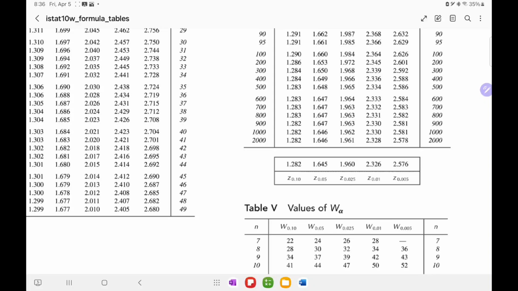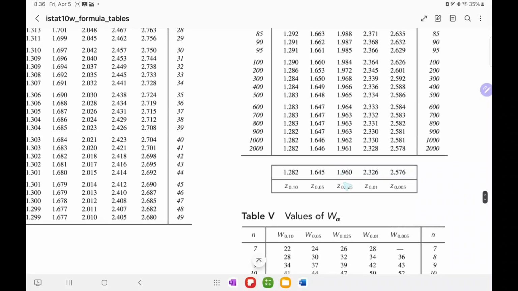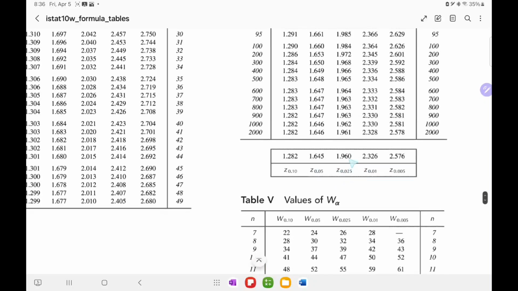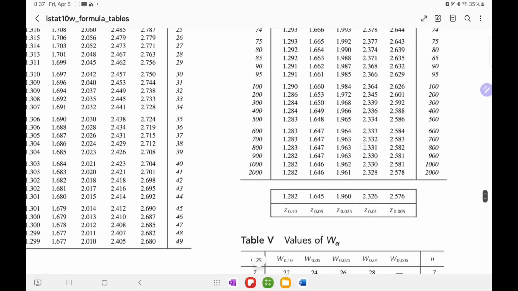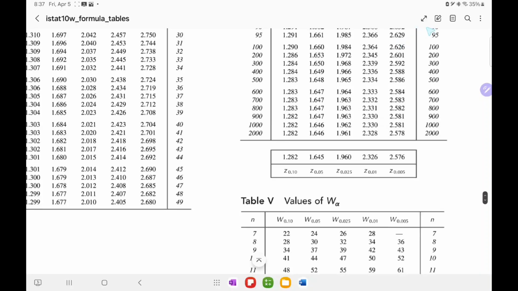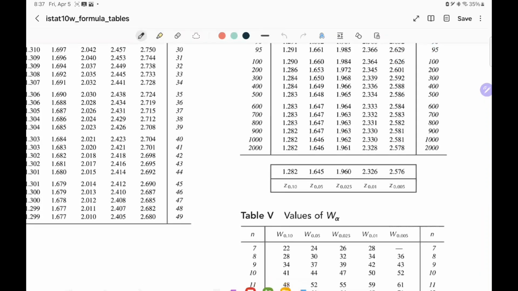So we are looking for z of 0.025, which is 1.960. It's 1.960. This is the value we are using. This is the value we are looking for, 1.960.